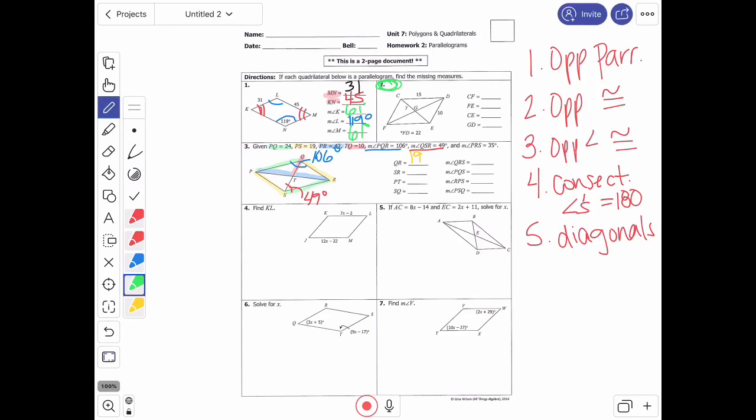PQ is 24, so SR is also 24. PT is half of that blue diagonal. Since the diagonals bisect each other, this fifth property, I have to take half of 42. So half of 42 is 21. So PT is 21.